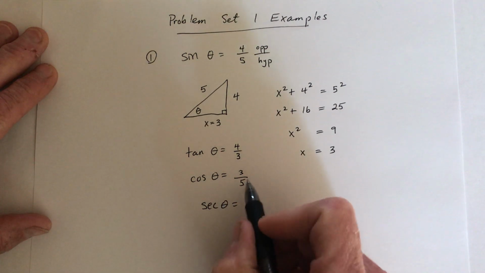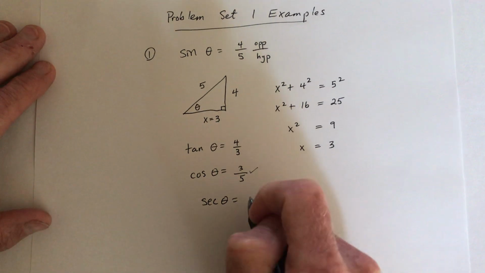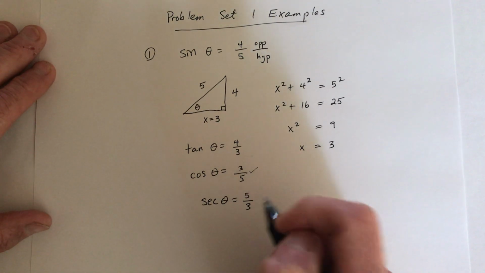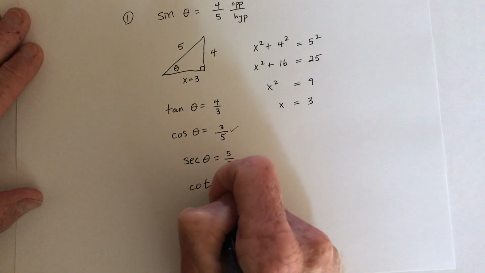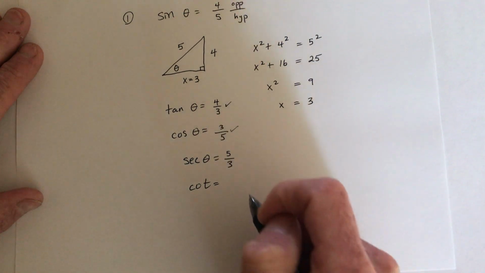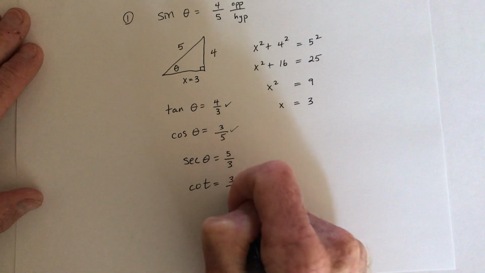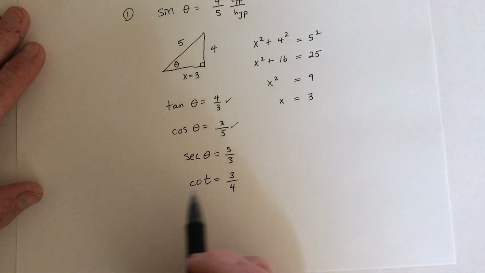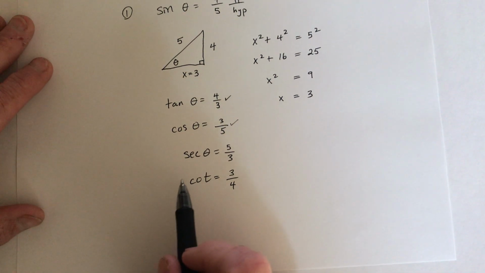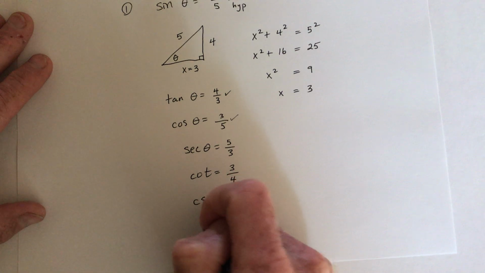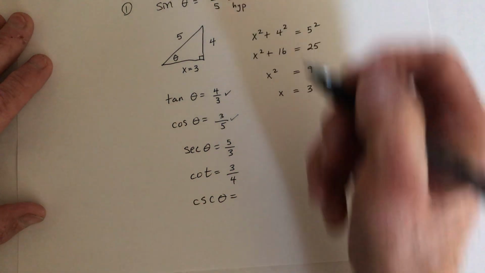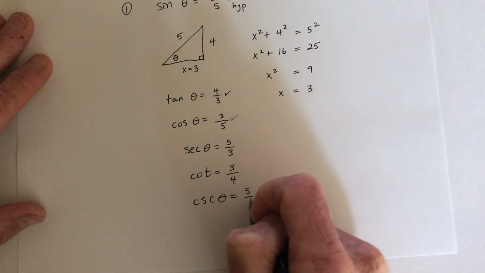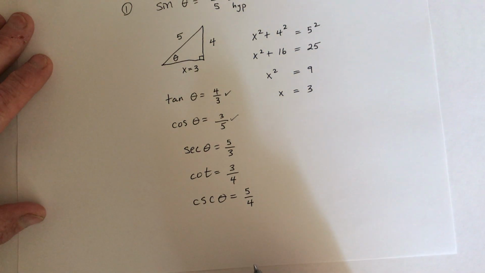Well, that is just this one being inverted, so that's 5 over 3. Cotangent of theta, that would just be this one being inverted, so that's 3 over 4. And what's missing? Cosecant of theta. And that would just be the original one inverted, so that's 5 over 4.